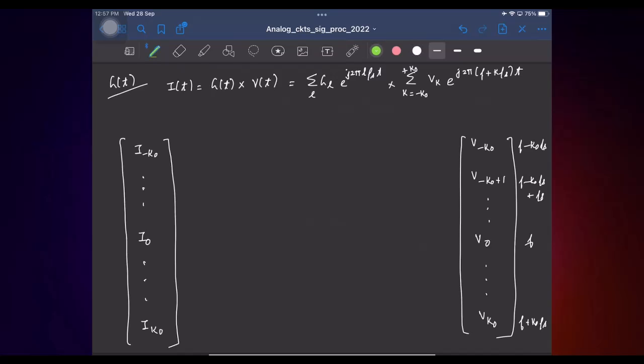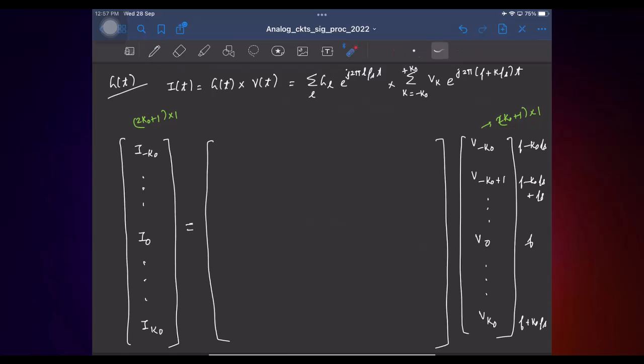So what is the size of this vector? It's 2k0 plus 1 cross 1. Both of them are column vectors of this dimension. So if I have to relate them, what should come here? Yeah, we should get a square matrix, right? Let's quickly write a few of the entries to understand how we will do that.